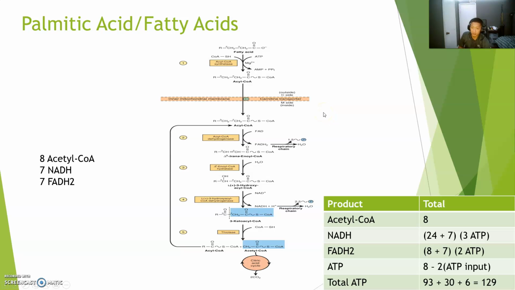Beta oxidation is literally the breakdown of a fatty acid into acetyl-CoA, and this happens about 7 times, just because palmitic acid has 16 carbons, and each cycle of beta oxidation is going to remove 2 of those carbons. So we have to complete this cycle about 7 times just to get the full breakdown and use all of it for ATP synthesis.